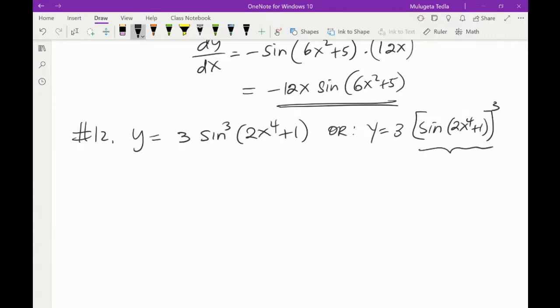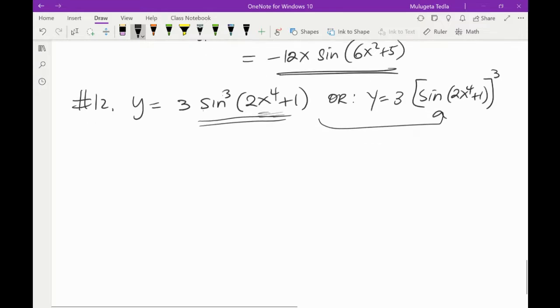This is a better expression for differentiation than this one. This is what many textbooks use, but they meant to say this. The exponent is for the whole function, not the angle. They want to avoid these square brackets. That's why they are putting the cube here.